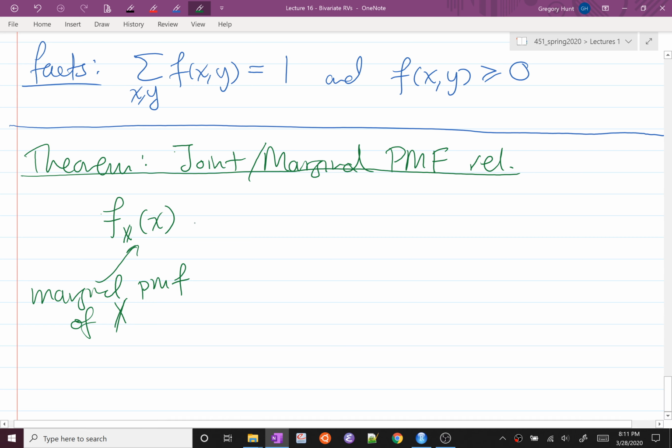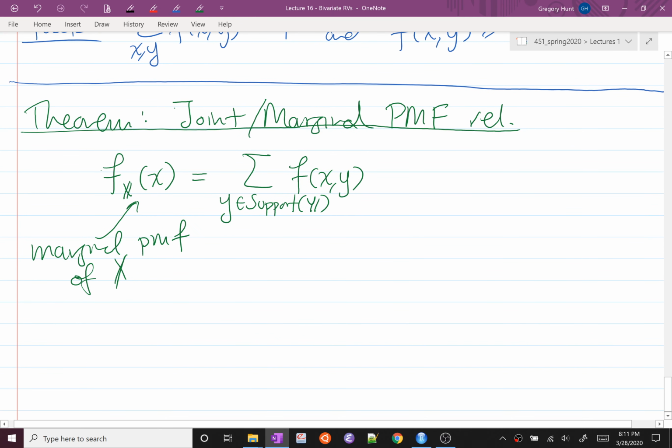We call that f_X of x, and that is related to the joint if we sum the joint PMF over all possible values of y, in the support of Y. So we sum over all possible values of y the joint, fixing x. That will give us the marginal for X.